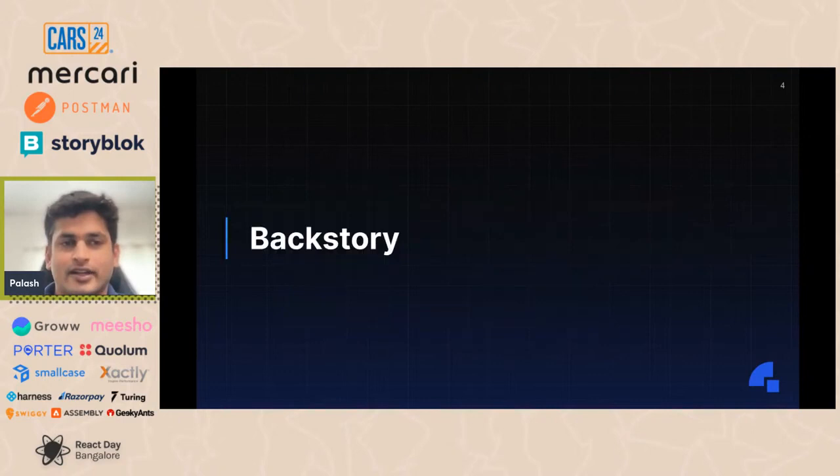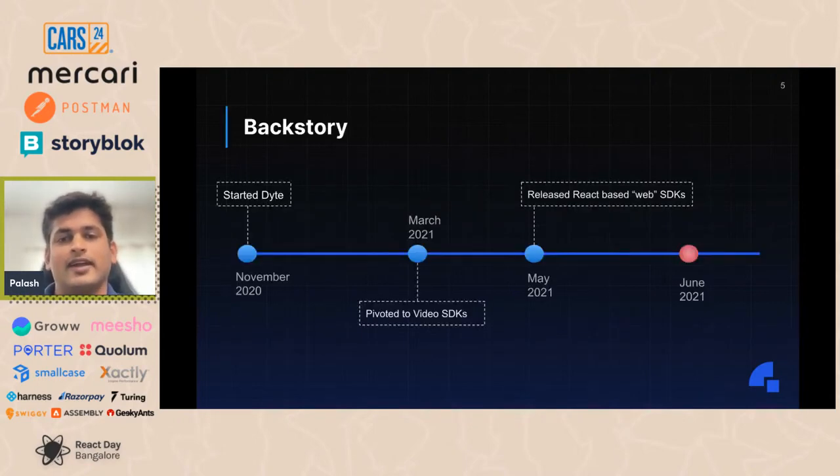So, to continue further, I first have to talk about the backstory of Diet because you need to have some context to understand why we made the decisions we made. Initially in November 2020, we started building a Zoom competitor. We got into Y Combinator and we were building a consumer app.